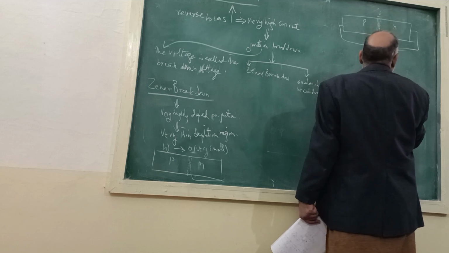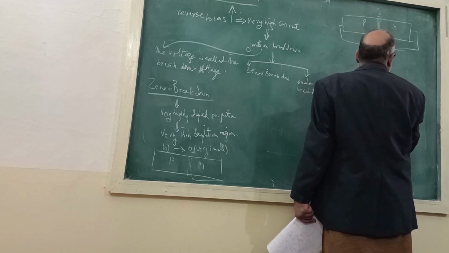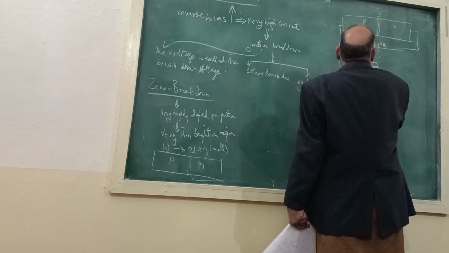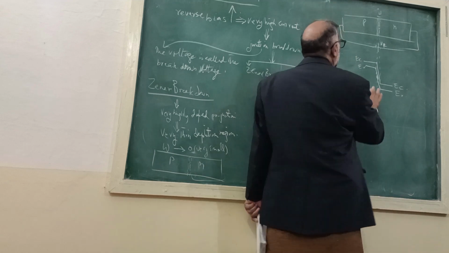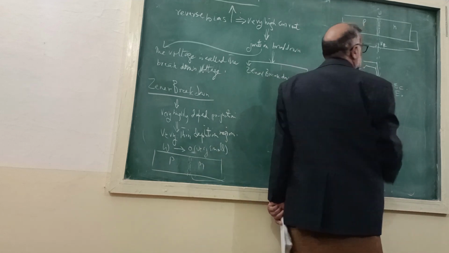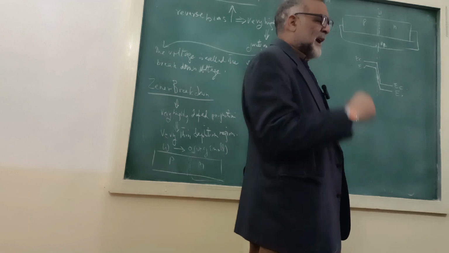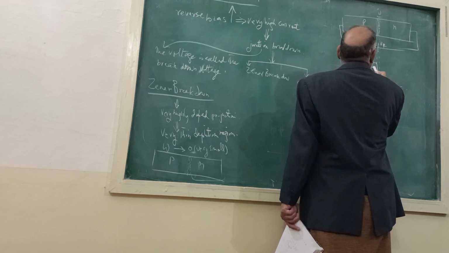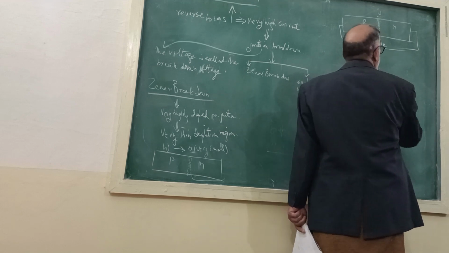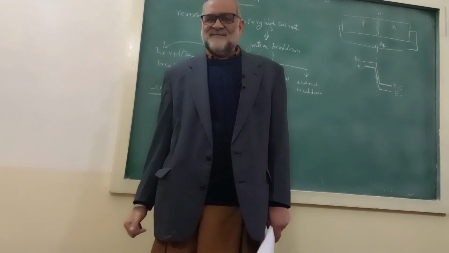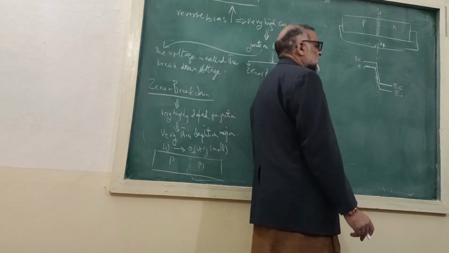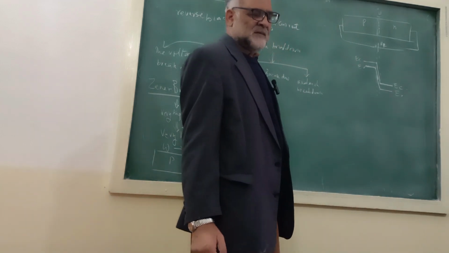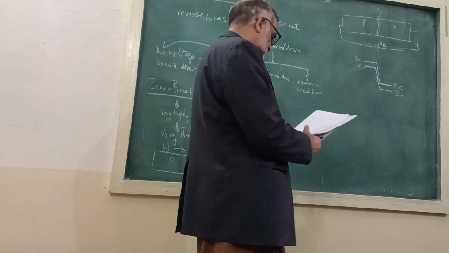The energy of the valence band on this side is higher than the conduction band energy on the other side. So there are electrons and they can tunnel to the other side of the junction.